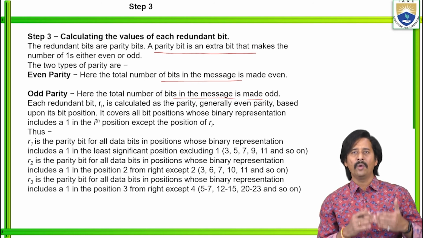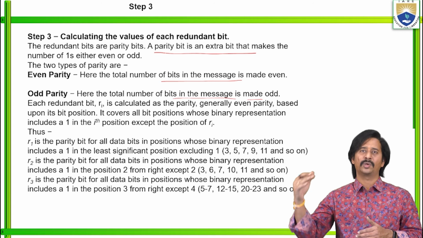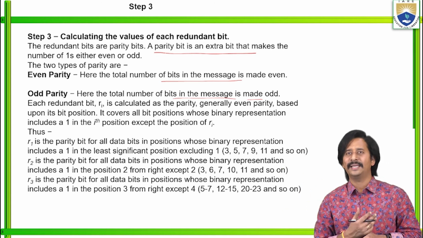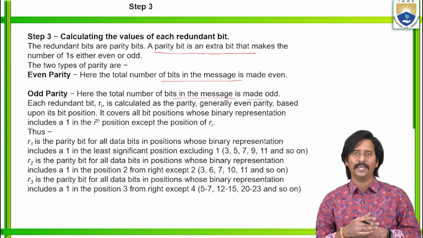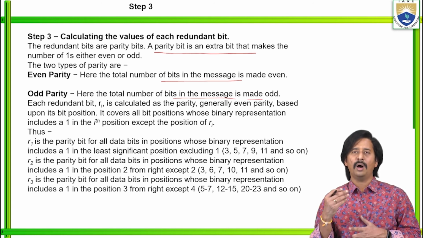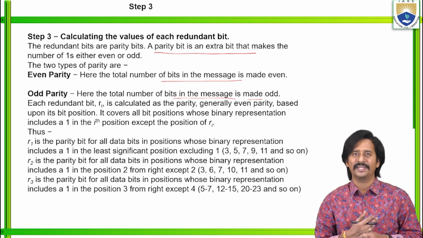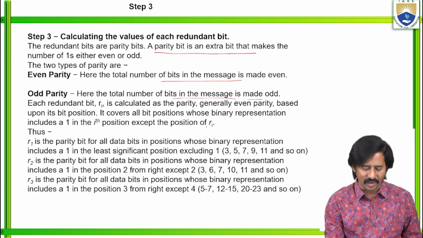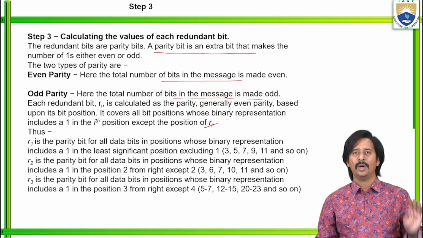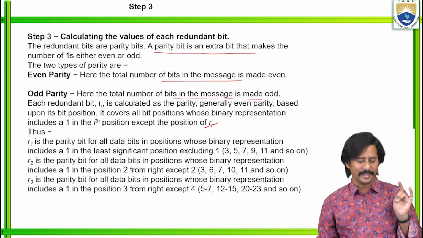So each and every redundant bit like R1, R2, R3 and so on is calculated as a parity bit, generally even parity. Based upon its bit position, it covers all bit positions whose binary representations include 1 in the ith position except Ri. So what are R1, R2, R3?